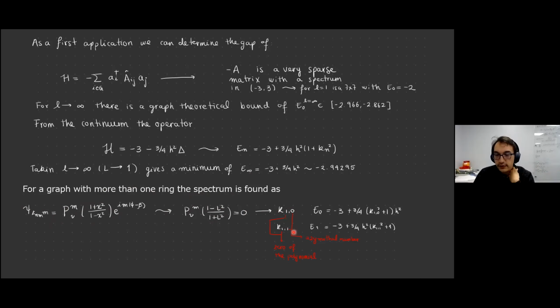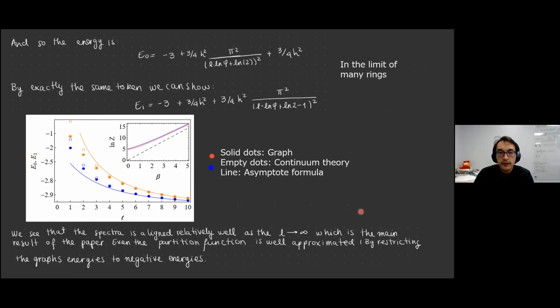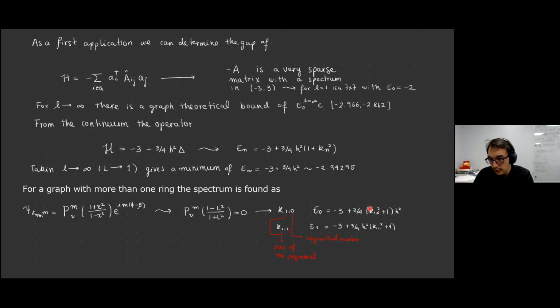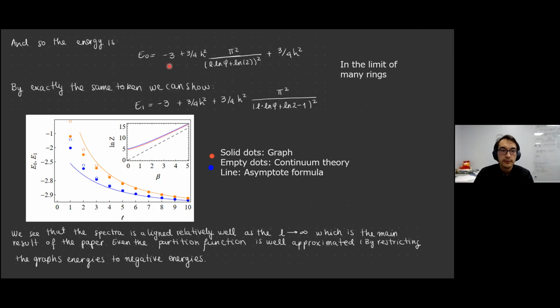So for the first zero, having two different azimuthal numbers, the expressions for the eigenenergies for the ground state and for the first excited state are given by this, where these k have a different dependence on the size L and on the number of lattice points.